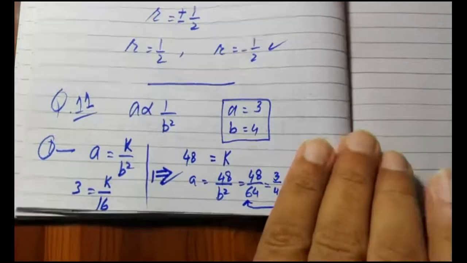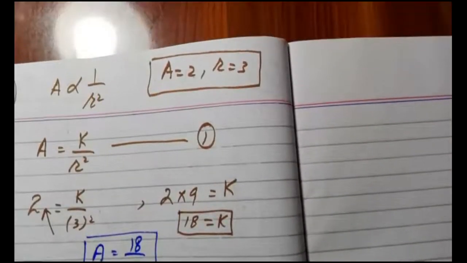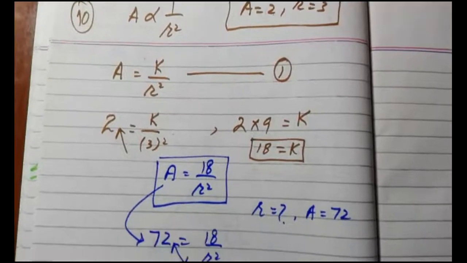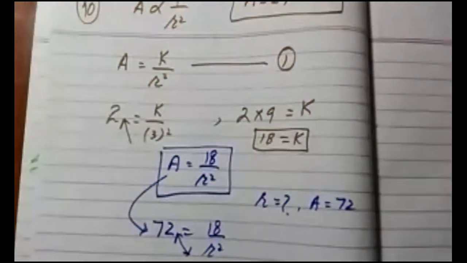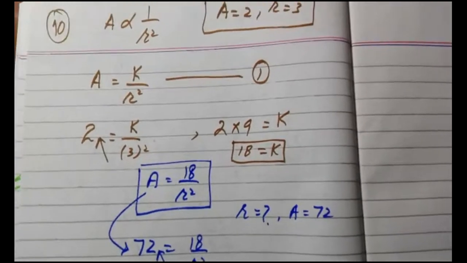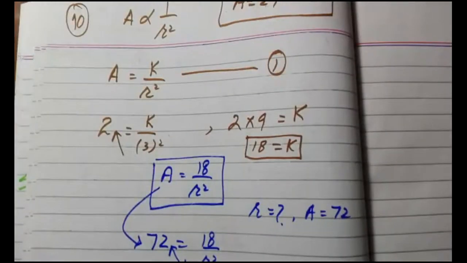In the similar way, I have explained question number 10 as well, which is right above on the page. If you want to ask anything from question number 10 or number 11, ask me. Then we will start the next exercise, exercise 3.3, which is more important, and normally the lengthy questions appear from this exercise 3.3.